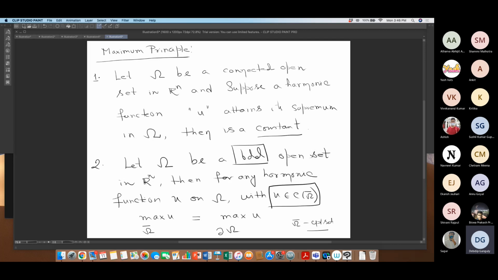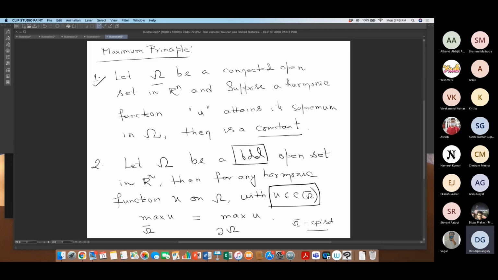This equality says that, because if the maximum is attained at an interior point, then from the previous theorem, theorem 1 from part 1, u has to be necessarily constant. Suppose u attains its maximum at some point in omega, which is an open set. Then u has to be a constant.